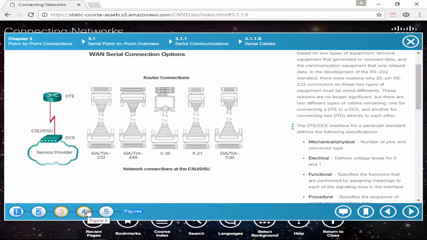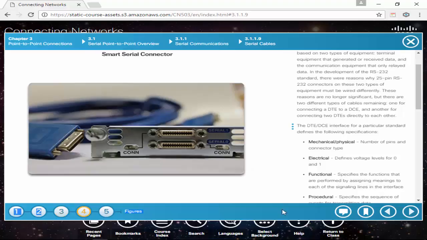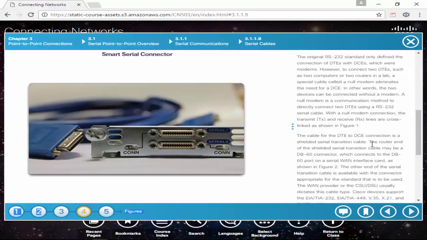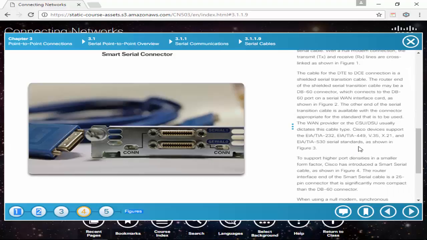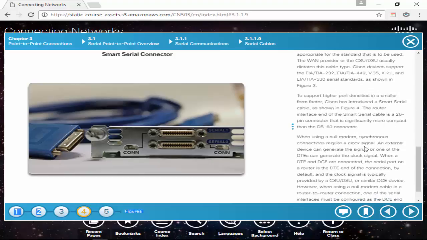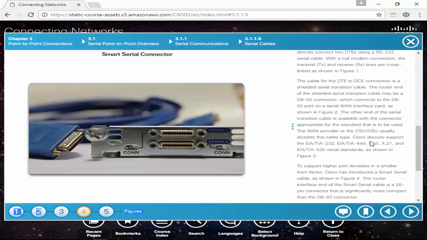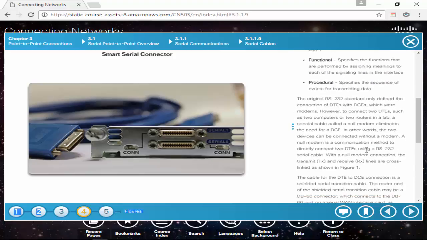And then here are our different standards, right? V.35, X.21. I don't know where these are important. This is our newer version, right? Which I believe is the Cisco one.